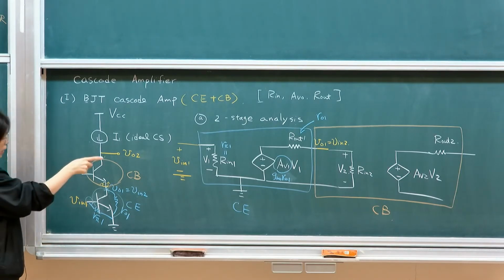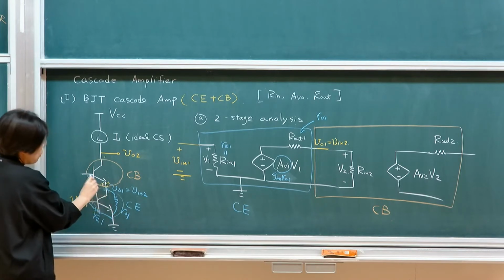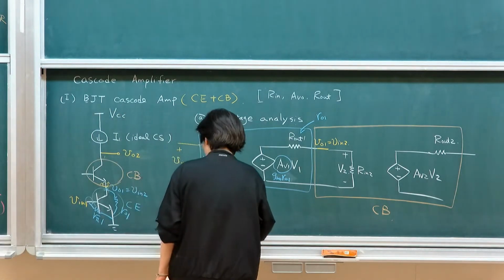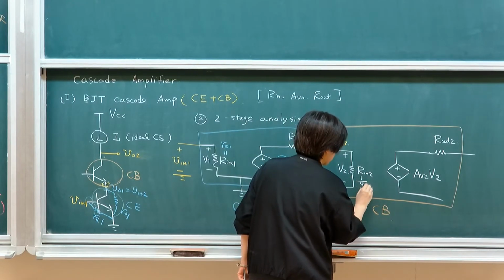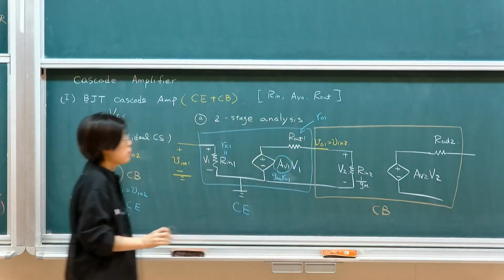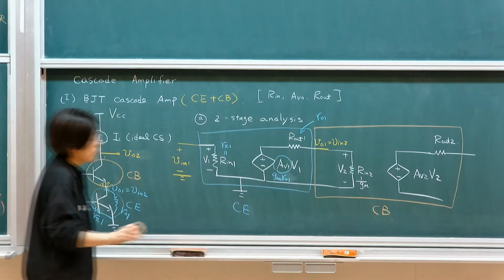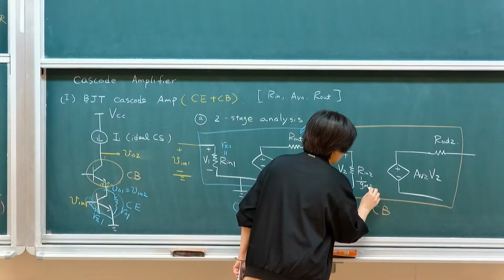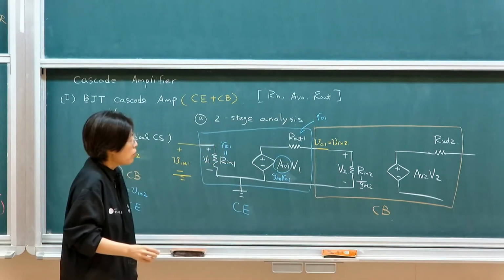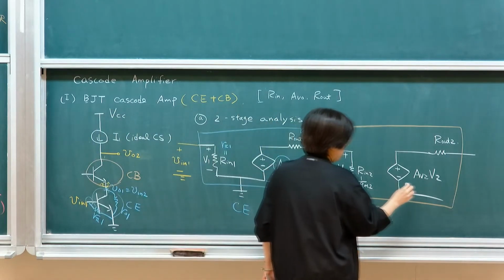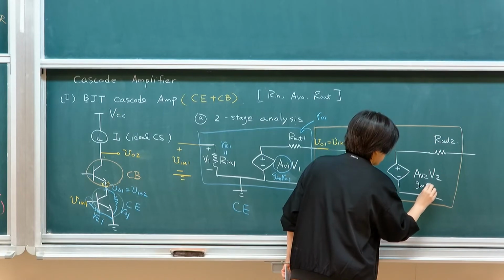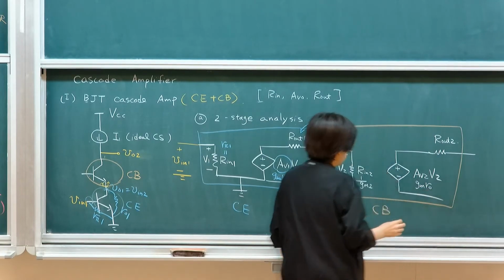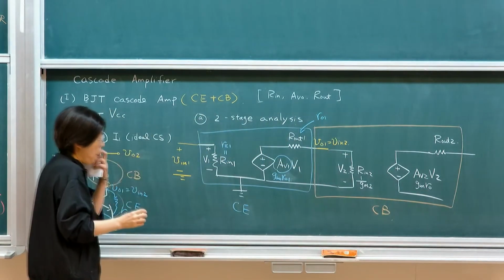So if you're looking in from here, remember we're seeing 1 over gm2. And then your voltage gain is actually gm RL, gm2 RL.